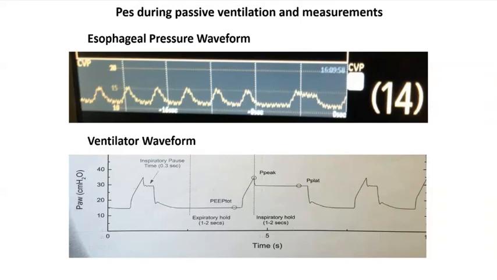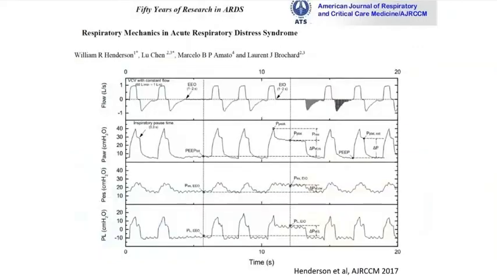So you have on the upper part of the curve the esophageal pressure, which, as you see, indicates positive pressure swings at each insufflation. And of course, these swings in pressure are similar to the swings in the pressure in the airway on the ventilator.